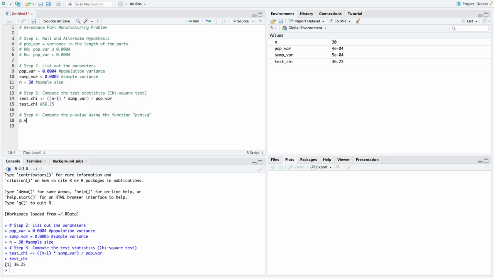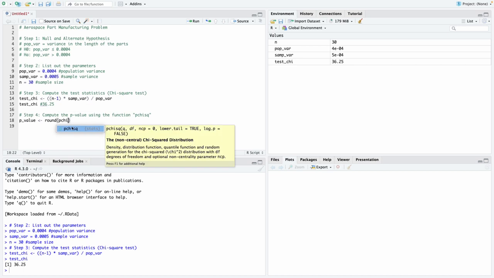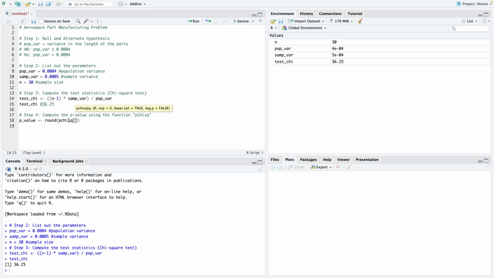So for our p-value, I like to round my answers to 2 decimal places, so I'm using the round function to make sure my p-value is rounded to 2 decimal places. Then we use the function to get the p-value, which is pchisq.